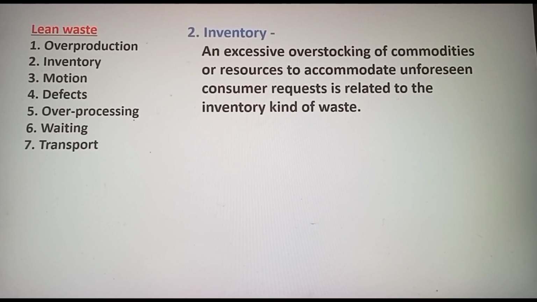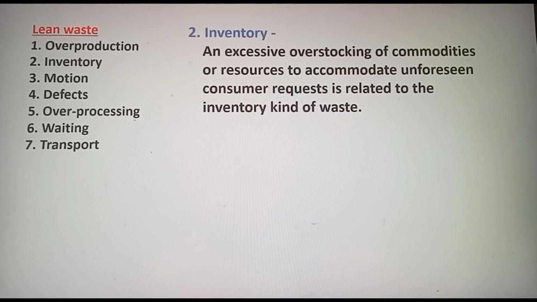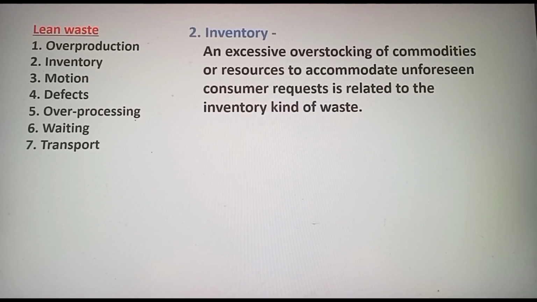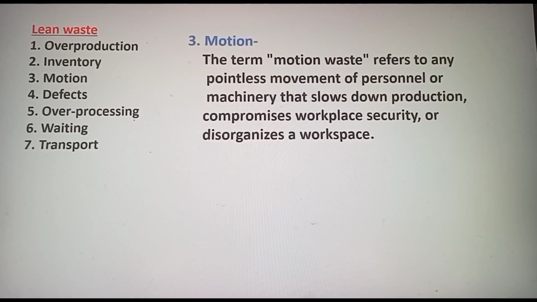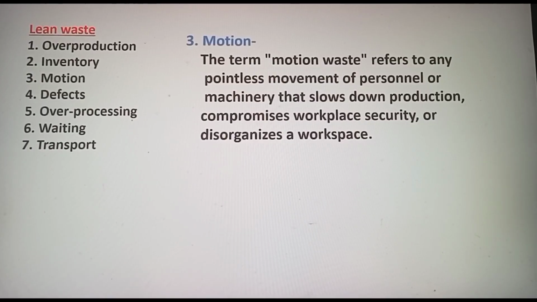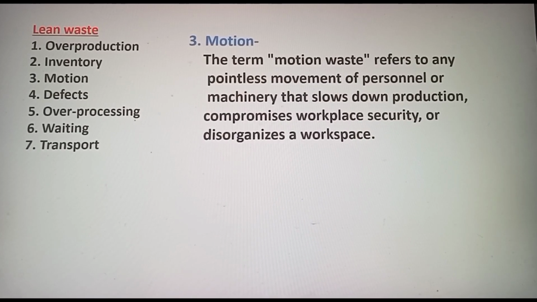An excessive overstocking of commodities or resources to accommodate unforeseen consumer requests is related to the inventory kind of waste. Third, motion. The term motion waste refers to any pointless movement of personnel or machinery that slows down production, compromises workplace security, or disorganizes a workspace.